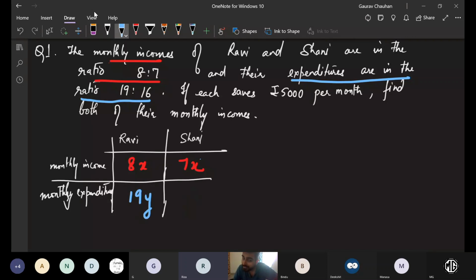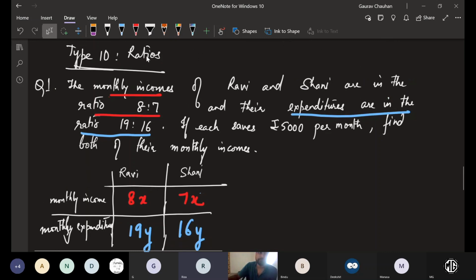Very important guys, here 19y and 16y. Riza is taking 19y and 16y. Riza, can you clarify why you are doing this? Sir, because both are two different ratios, sir. And we saw when there is only one ratio, we took a different variable for another ratio. Perfect, Riza, beautiful. I'm sure you'll be able to solve this. Just for this clarification I'm giving you 10 points.